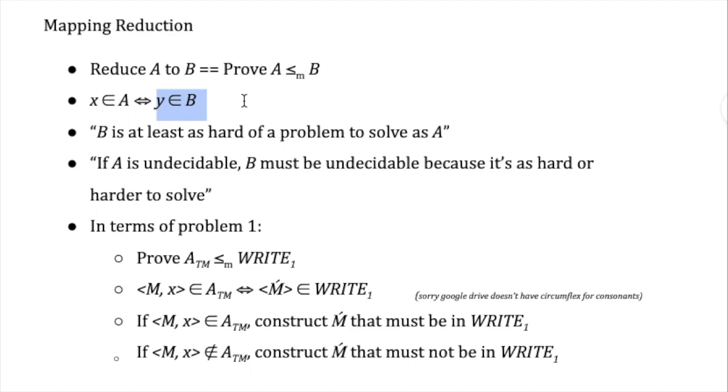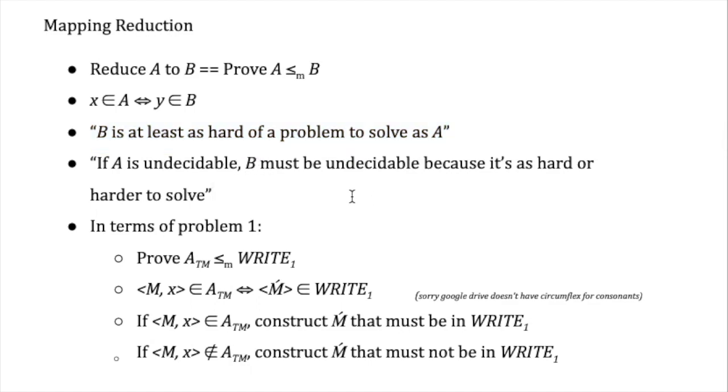The reason this works in proving that languages are undecidable is that if you start with an undecidable language, you're proving that language B, the second language, is at least as hard a problem as language A. So if A is undecidable, B must be undecidable, because if you can't decide language A, then you can't decide language B either.